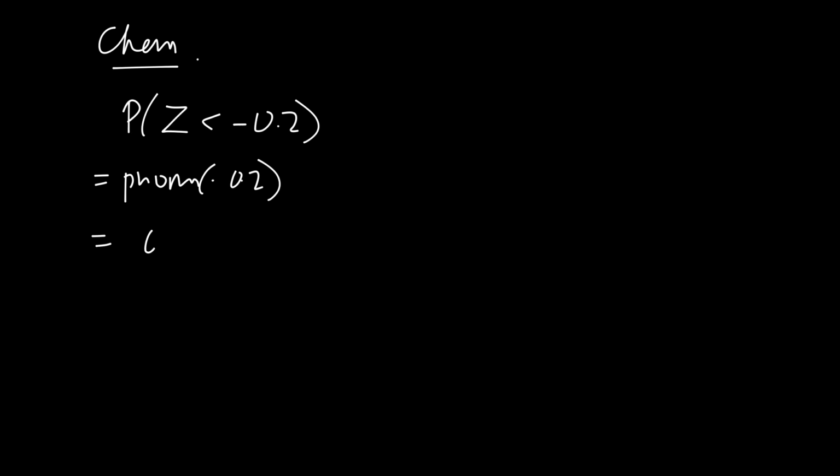So what we want to know is what's the probability that z is below negative 0.2. We can simply pop this into R in this way, and we're going to get 0.42. And that just says that 42% of the data lie below a z-score of negative 0.2. We can do the same thing for biology, and here we would find that the Pnorm for our z-score of 1.4 is 0.92.